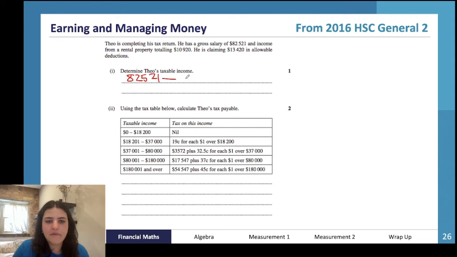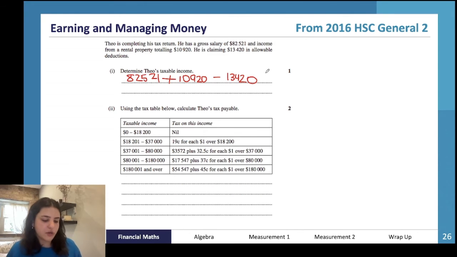He has income from a rental property totaling $10,920. So we have to add that because that's income, not a deduction. And he's claiming $13,420 in allowable deductions.